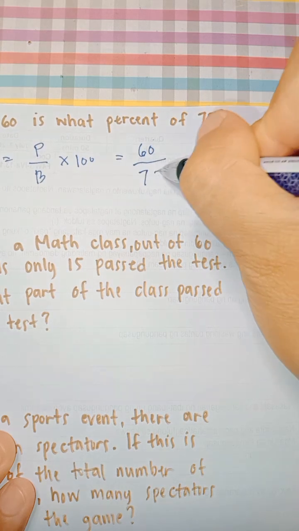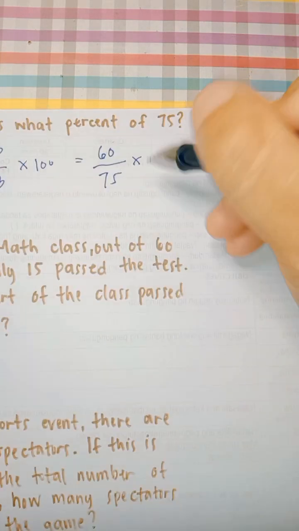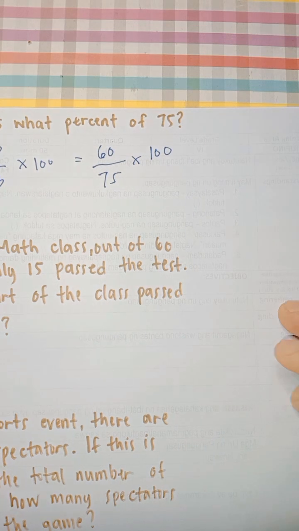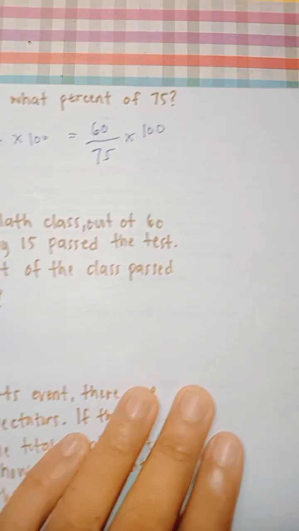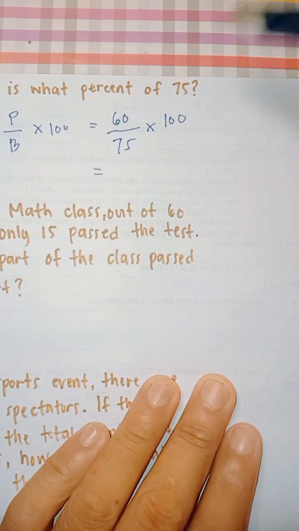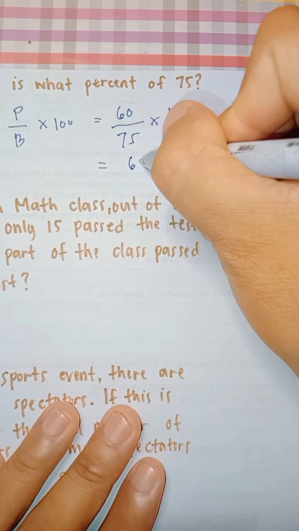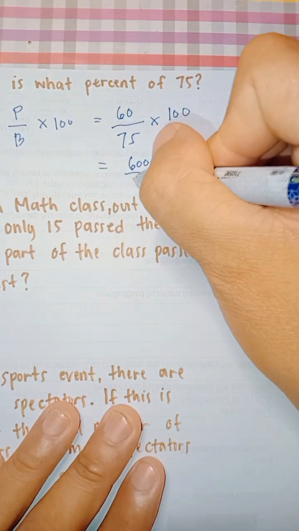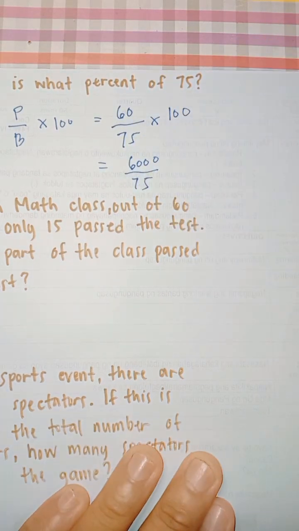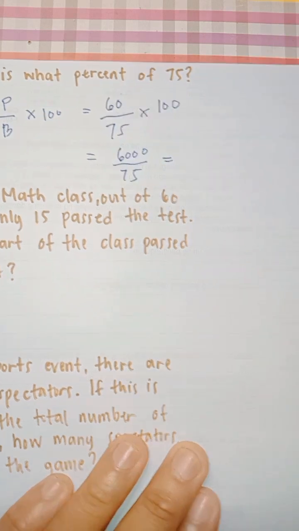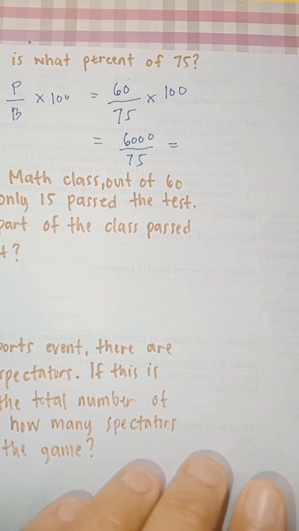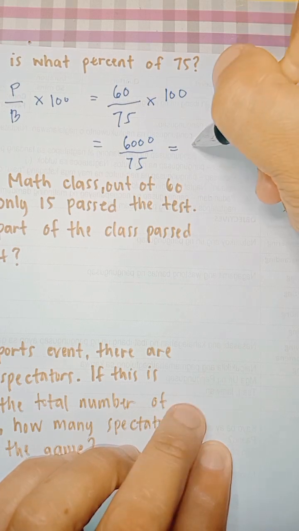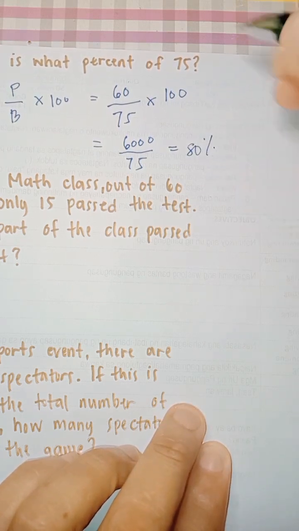Then let's multiply this by 100. Now 60 divided by 75 times 100 is just 60 times 100 is 6,000. Now divided by 75, the answer is 80%.